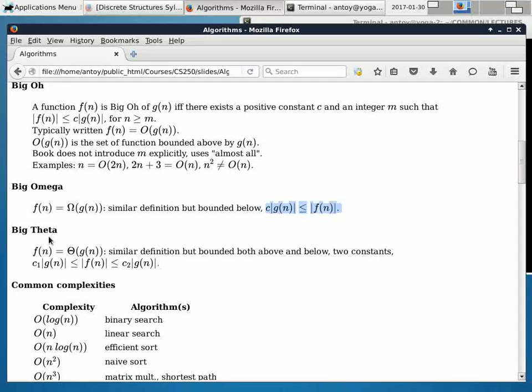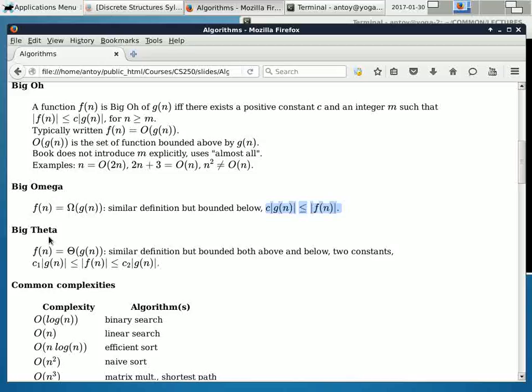So by fudging a little bit this constant, I have that f of n is bigger than g of n and smaller than g of n. At this point, we say these two algorithms behave exactly the same way. Because with a constant I make it smaller, and with another constant I make it bigger.